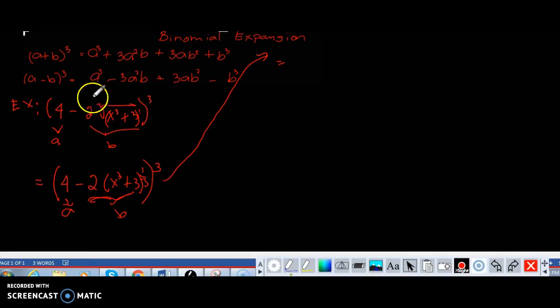So a cubed, you have 4 cubed, minus 3a squared b, which is 4 squared times 2 times x cubed plus 3 to the power of 1/3.